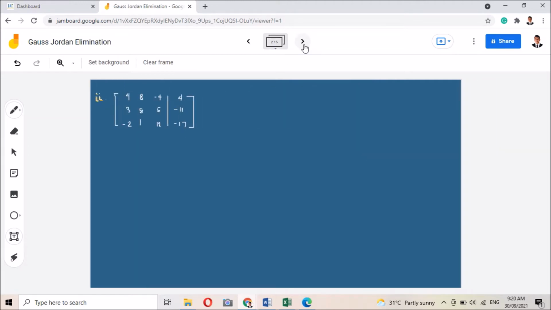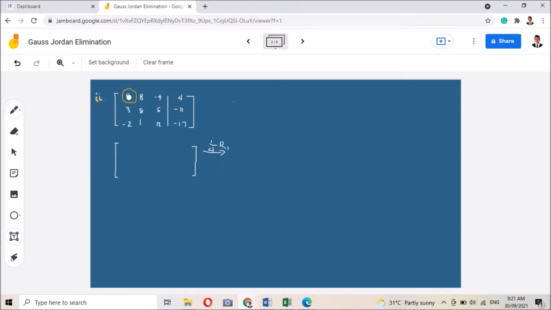Now let's proceed to step 2. The first thing to do is to make this entry equal 1. We need to formulate an elementary row operation. From that, we can have our row 1 as 1/4 r sub 1.